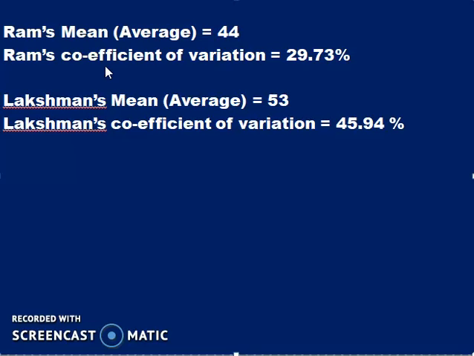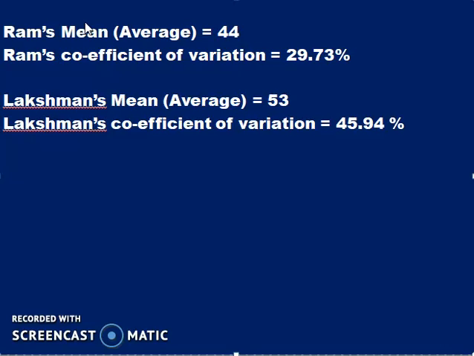Regarding the consistency, we have to study what is consistency. A series with more coefficient of variation is regarded as less consistent or less stable than a series with less coefficient of variation. So if a series is having less coefficient of variation, the particular series is considered as more consistent.